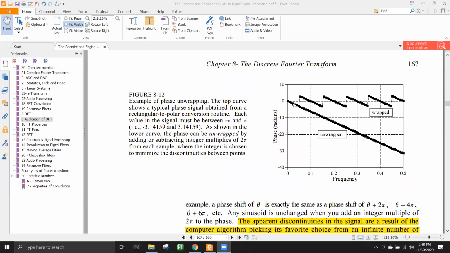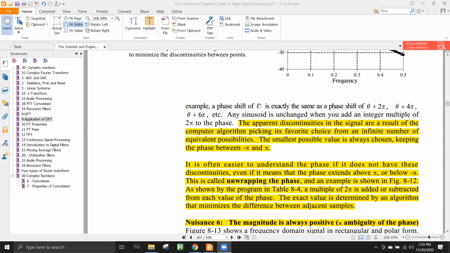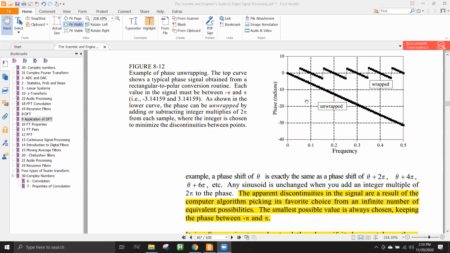But my actual phases could go much lower, to -360 and beyond, but I am not taking that. So this is the wrapped one, and if you unwrap it, you'll get the actual phase. The actual phase and your stored phase may be different because of how you're implementing it, so there are some apparent discontinuities. If you unwrap it, you're going to get the continuous version.